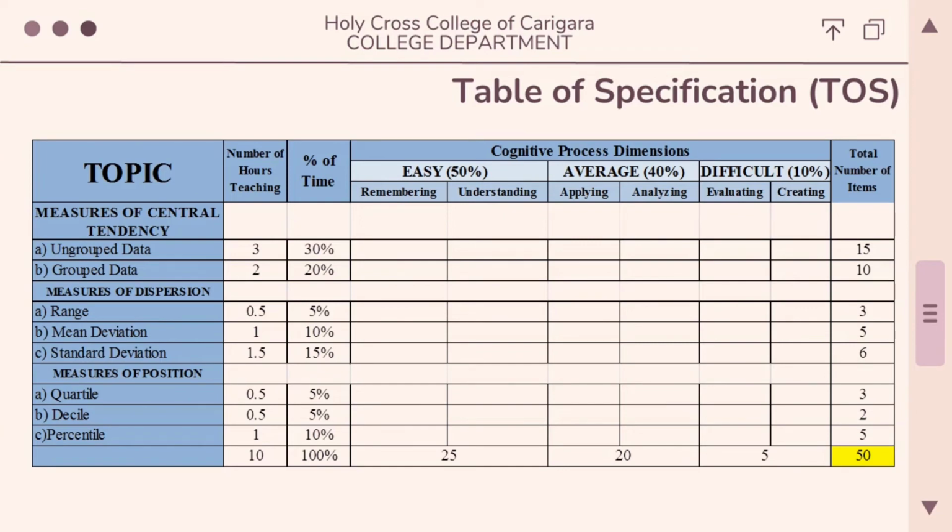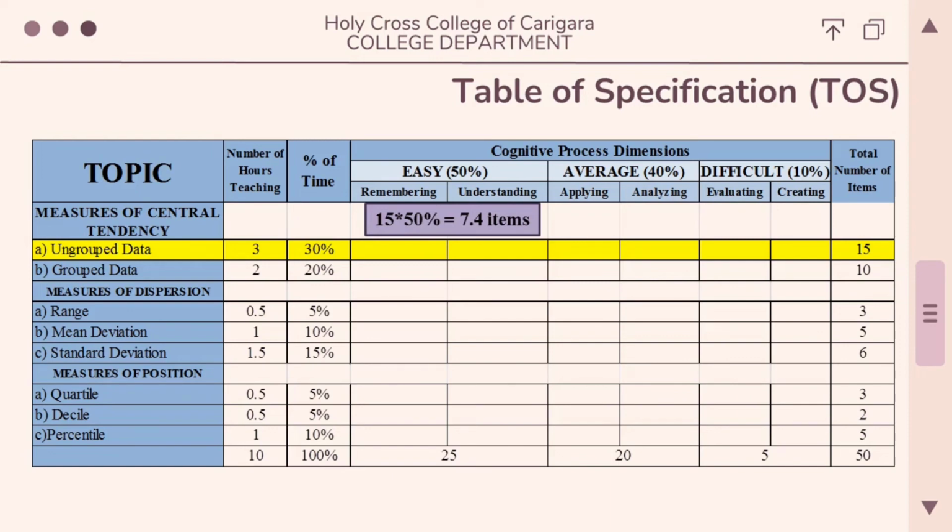Now, let's compute how many items we are going to put for each cognitive dimension per competency. Example, for the first topic, the ungrouped data, we have 15 items. So to get the number of items for remembering and understanding, we will just multiply 15 items by 50%.